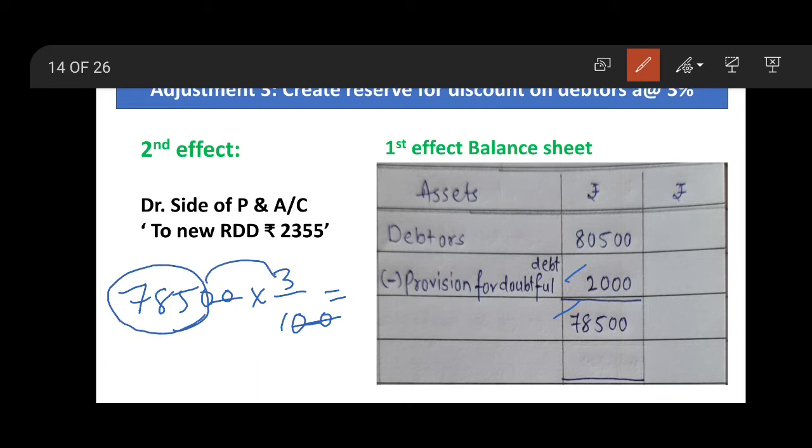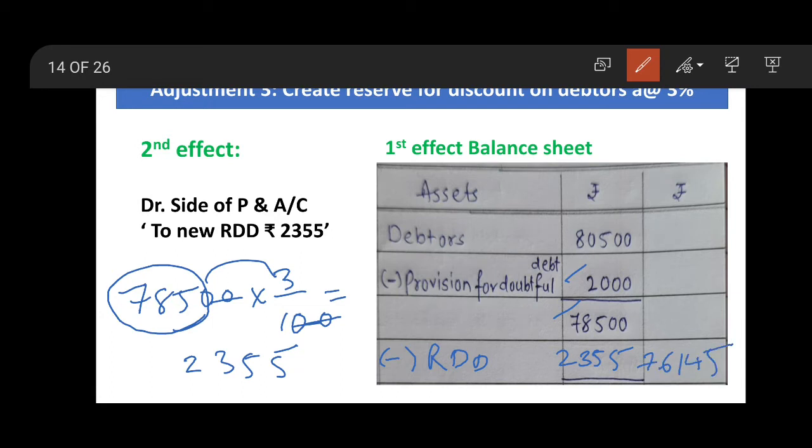You will get 2355. And this 2355 is nothing but reserve for discount. So it is treated as RDD, new RDD. So less new RDD 2355.